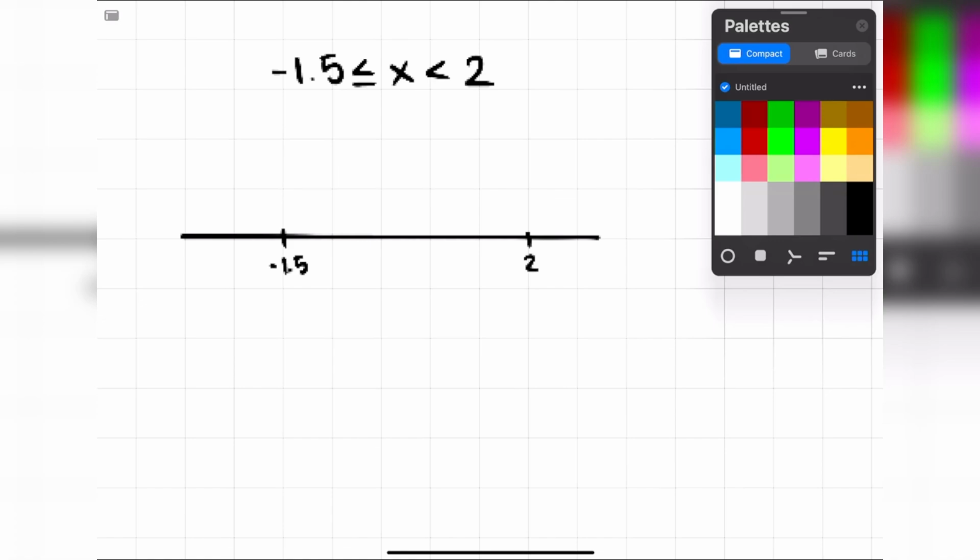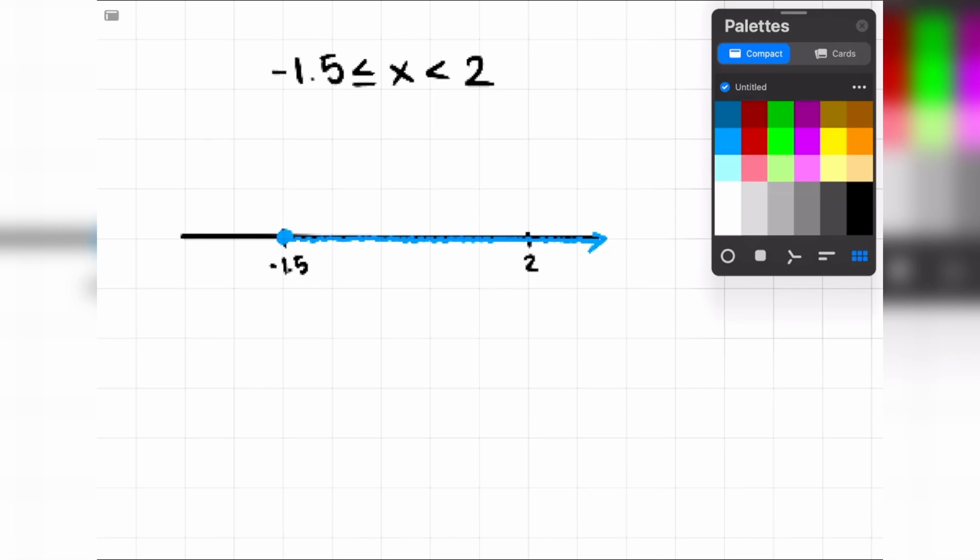Okay, first things first. We'll do the left side for blue. x is greater than or equal to -1.5. Okay, so x is greater than, we're going to the right, or equal to -1.5. All the way over here. And it is including it because it is equal to.